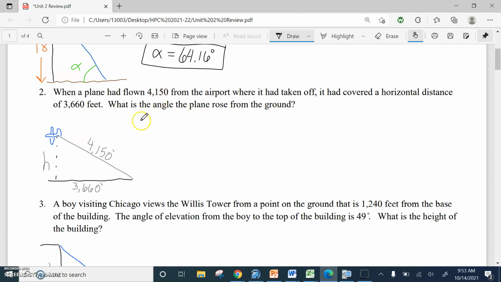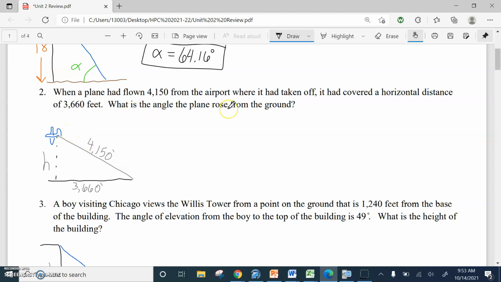It's a little tricky to get to, but if you start drawing the picture out, horizontal is 3,660, so we know that. The 4,150 was a little more confusing to some people, myself included, but by deductive reasoning, I'm going to say that it is the hypotenuse distance.